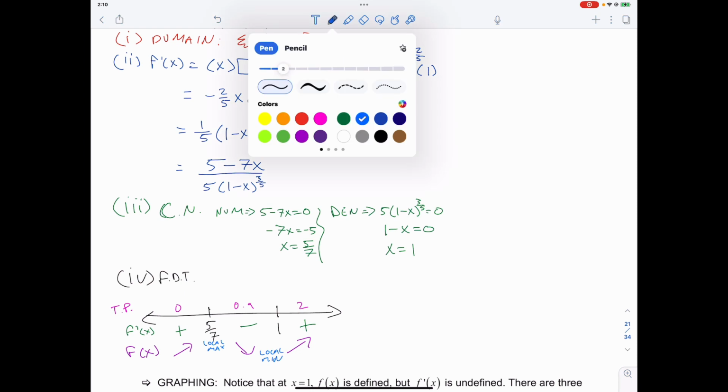I'm going to take this and put it in to solve for my y values from my original function.